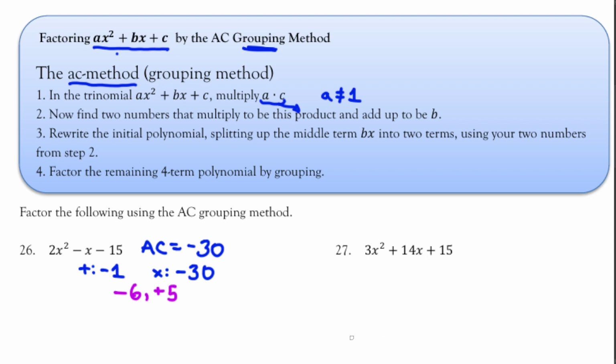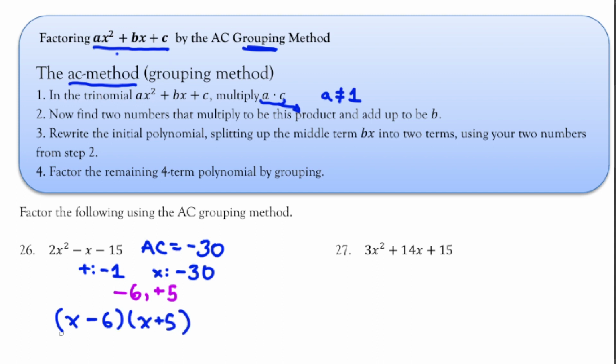Now in the nice shortcut method for just x squared plus bx plus c, we were able to just write the answer immediately. But here, because it's 2x squared minus x minus 15, this 2 is really obnoxious. We can't write the answer right away. The answer is not x minus 6, x plus 5.